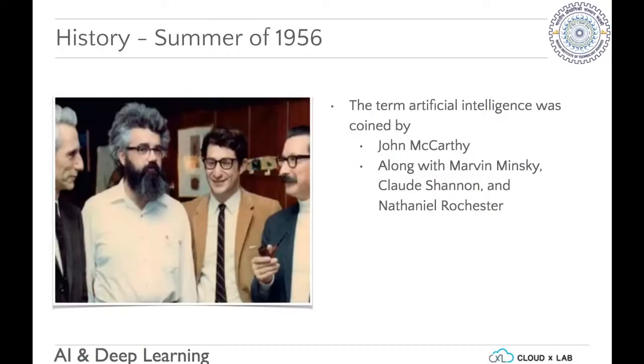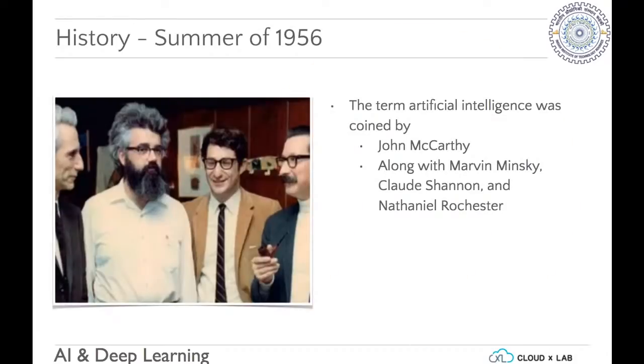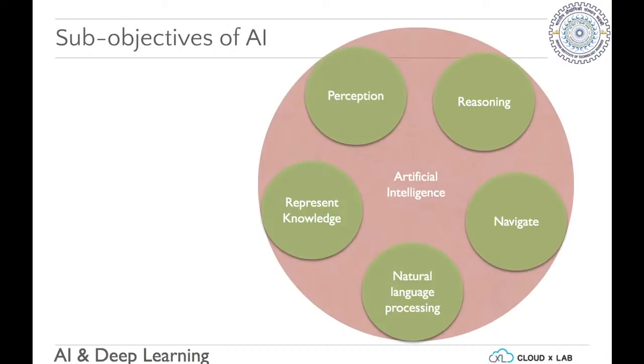The term AI or artificial intelligence was coined by John McCarthy along with Marvin Minsky, Claude Shannon, and Nathaniel Rochester. Essentially, in one of the workshops, they laid down the foundation of sub-objectives of AI.